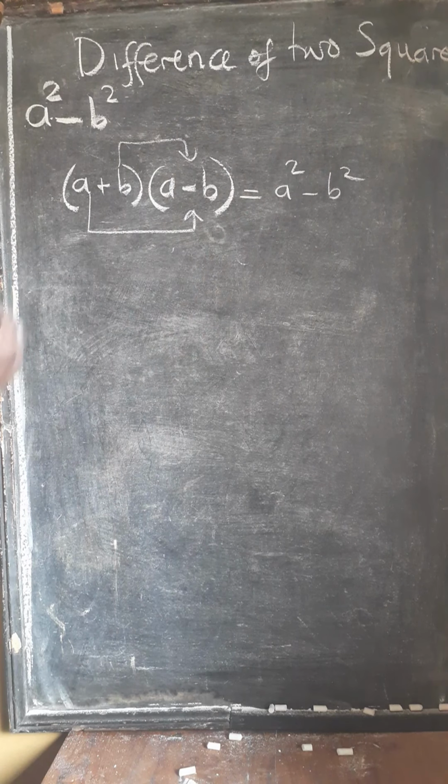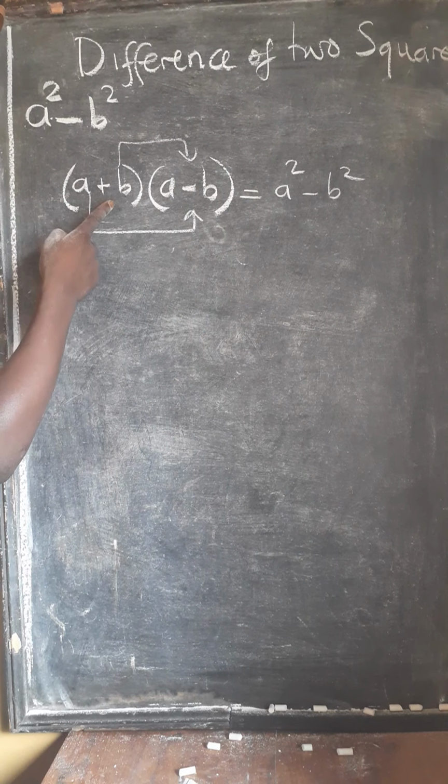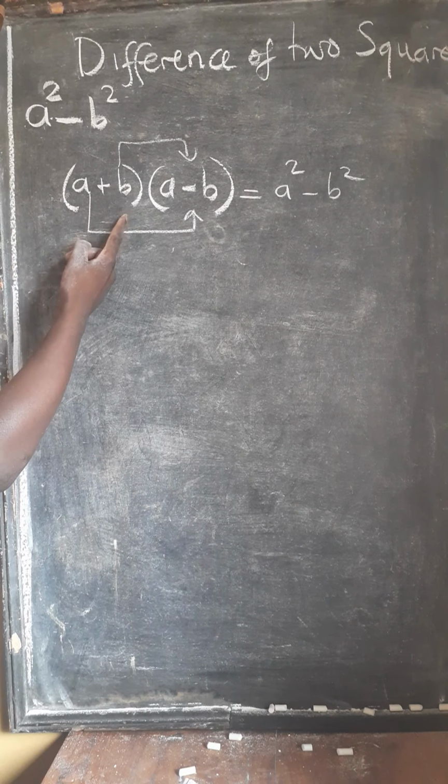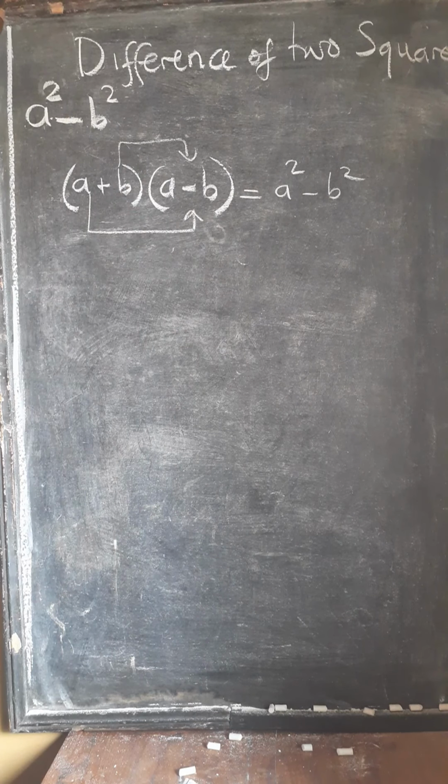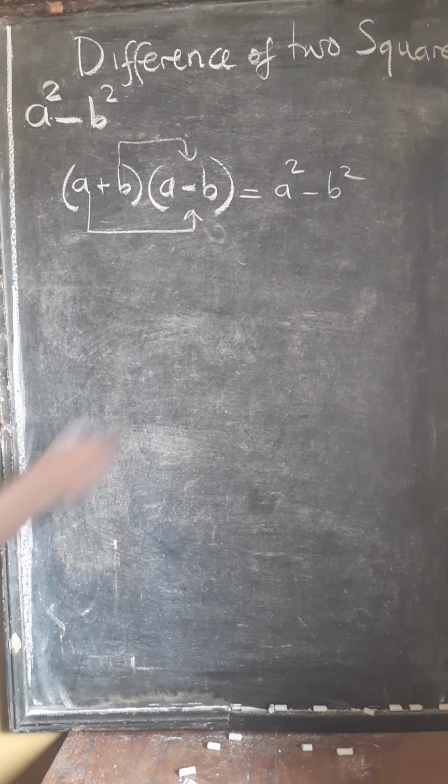These are the two factors that are multiplied in order to get this one. Try it, it's going to give you this expression. So, that is what we're supposed to know, all right?